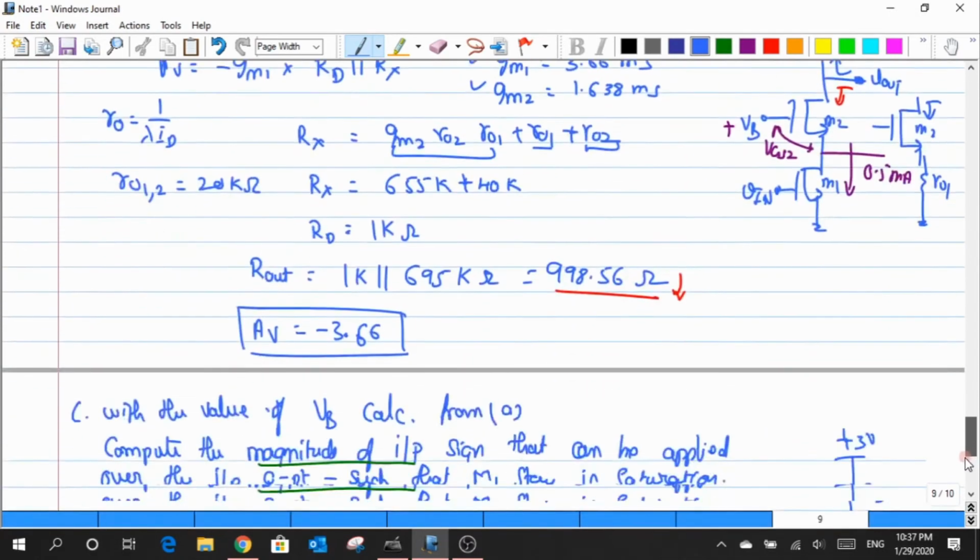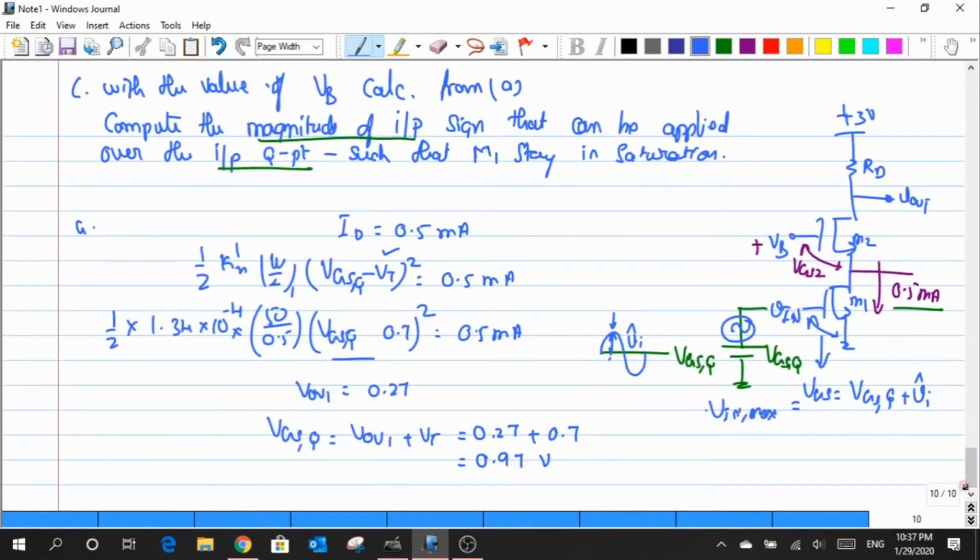Whenever there is a positive peak, from the base value of this VXQ I'll be stepping down. Now, what is the minimum value that I have to have across the drain and source of M1? This turns out to be my VOE1. So whenever there is a positive peak, or Vin max, I have a VX minimum.